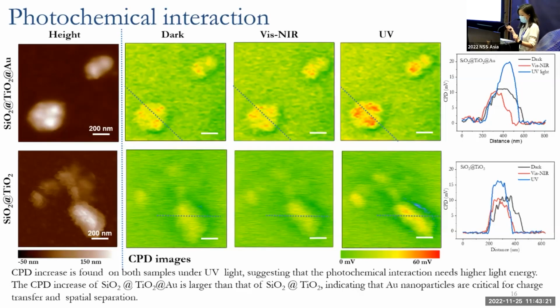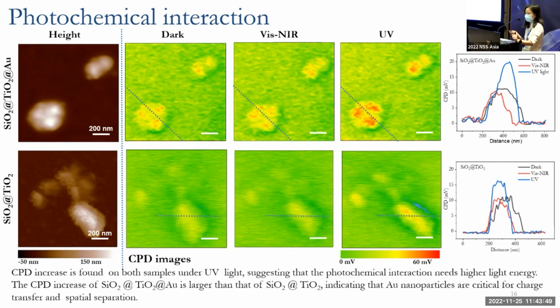So these are the CPD images of these two samples under different light conditions. The CPD increase is found on both samples under UV light, suggesting that the photochemical interaction needs higher light energy, that is the UV light.